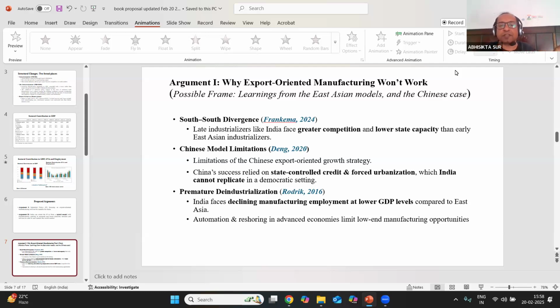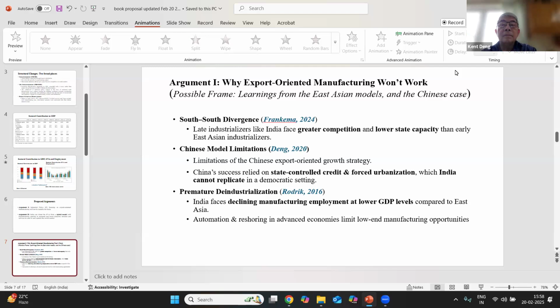First is the South-South divergence paper, 20 of 2024, that you sent, which says that late industrializers like India face greater competition and lower state capacity than early East Asian industrializers. So the situation is markedly different now. So perhaps replicating the East Asian model would not be a feasible thing to do.